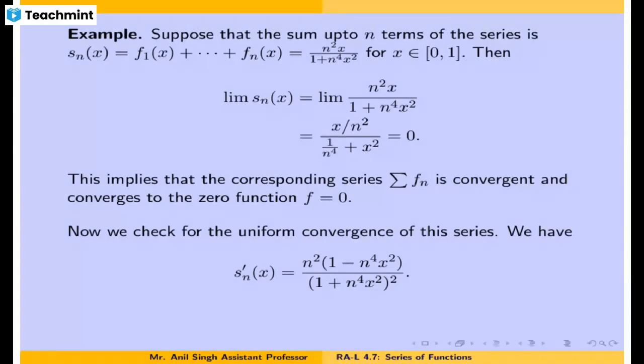And you see here, this function n square x upon 1 plus n to power 4 x square can be seen to be a bounded function, but still we can find out the points where it has a maximum or minimum. For maximum and minimum, we find the zeros of the derivative of the function.